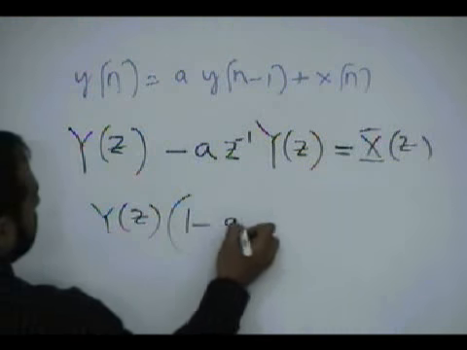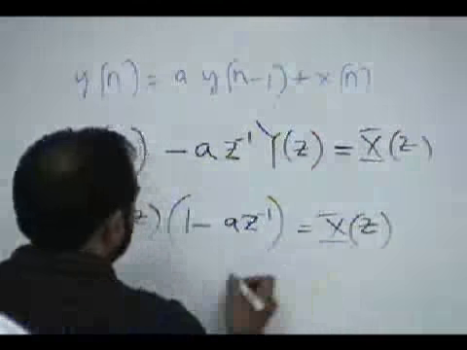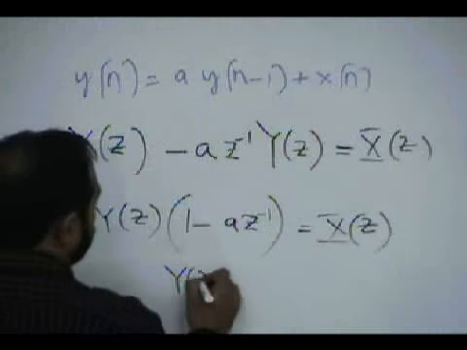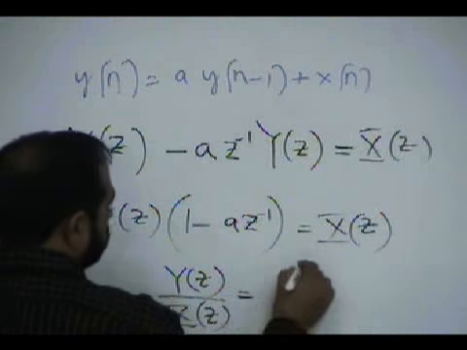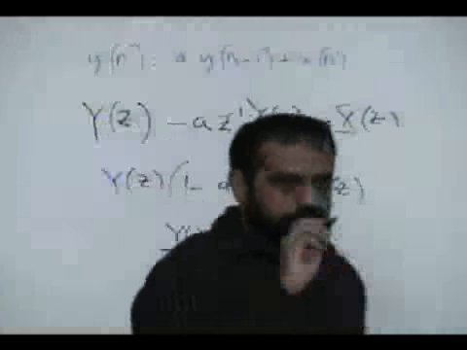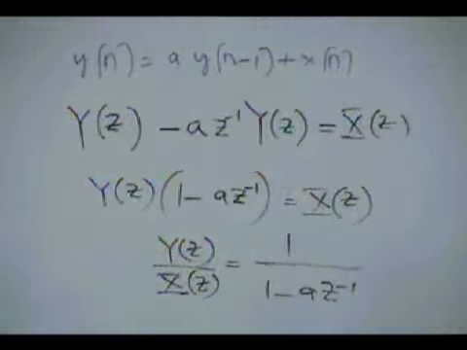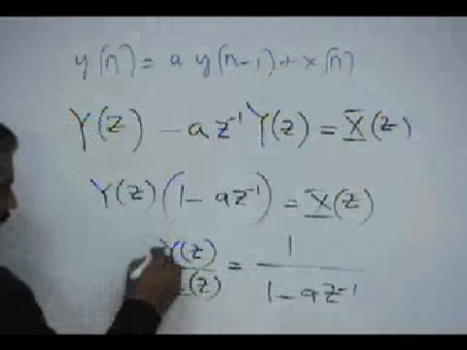You get 1 minus a Z inverse times Y of Z is equal to X of Z. So Y of Z over X of Z is equal to 1 over 1 minus a Z inverse, and I'm doing this just to make sure that it's not small y, small x here, but capital Y and capital X. This is usually called Y of Z over X of Z.